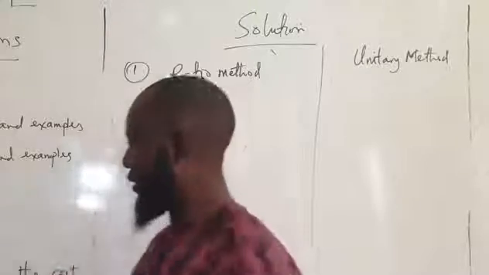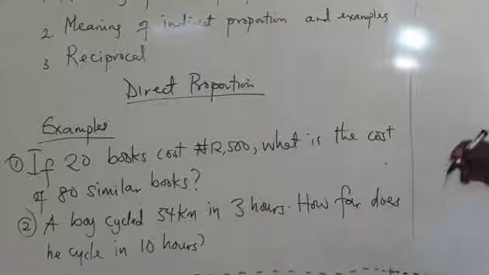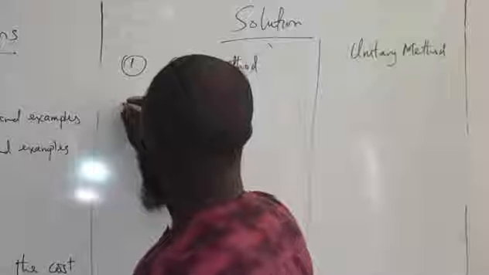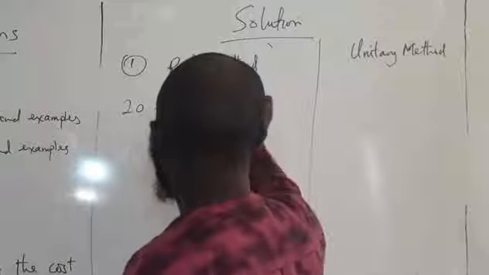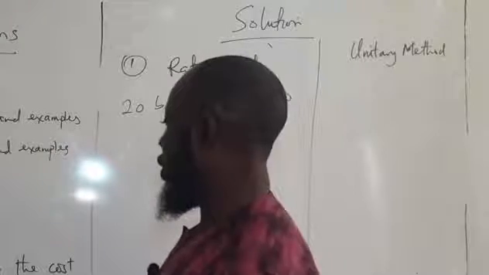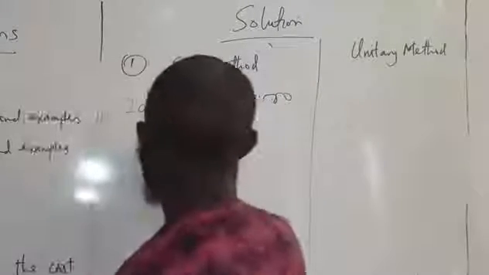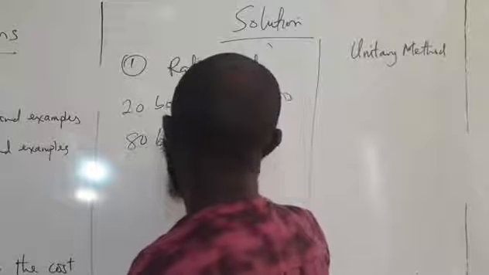Now let's interpret this. If 20 books cost 12,500 naira, so 20 books equals 12,500 naira. Now what is the cost of 80 similar books? So 80 books is what we are looking for, equals to the cost of it.